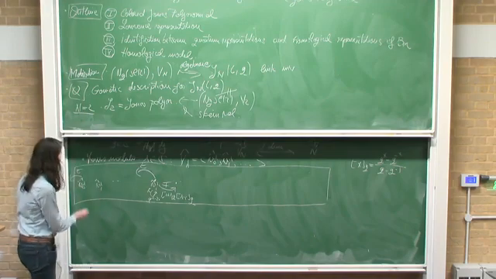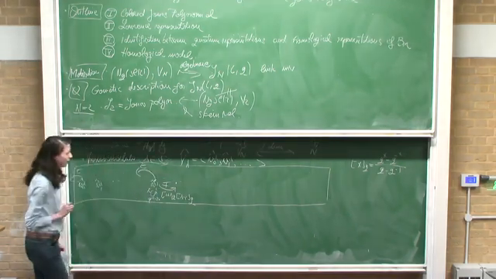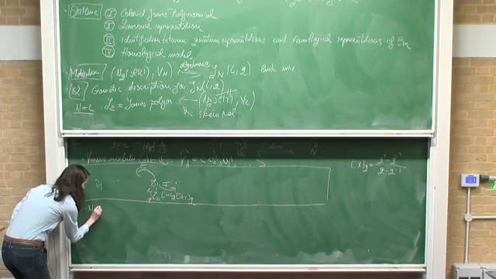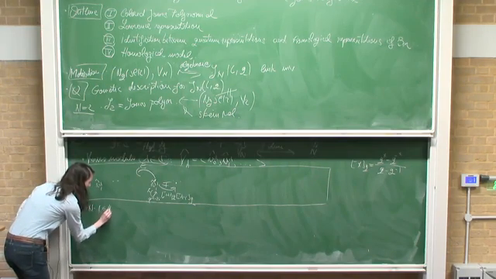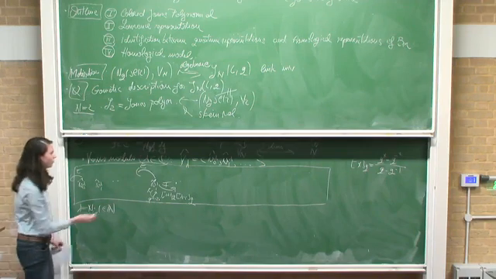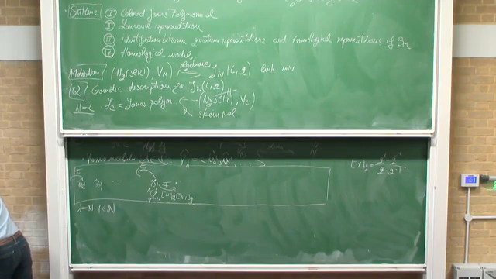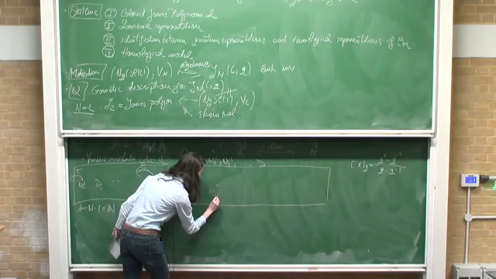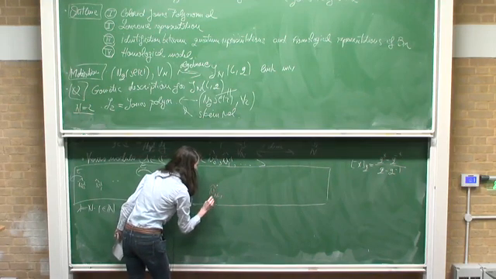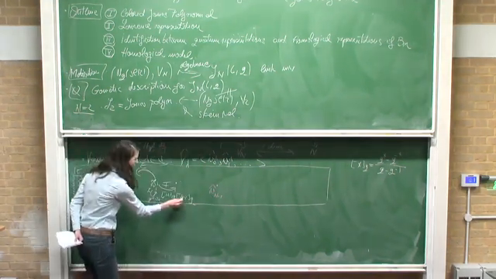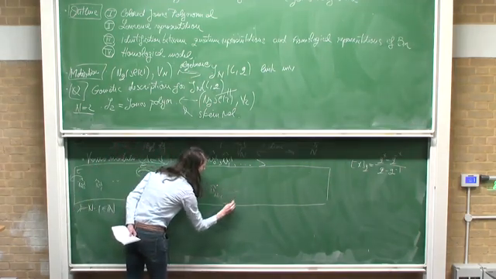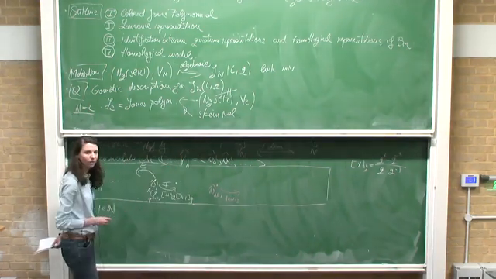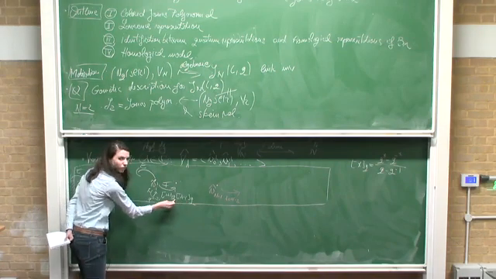Okay, and now this is for any parameter lambda. Now something interesting happens if we take the parameter lambda to be n minus 1, which is an integer. Because if we look at v_n minus 1, if lambda is n minus 1, F will act with 0, because this scalar will be 0.